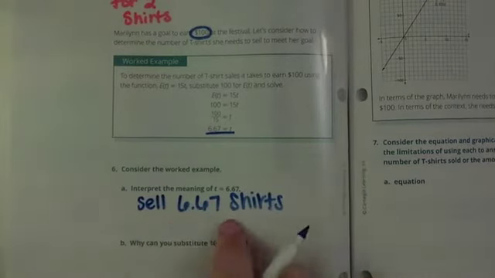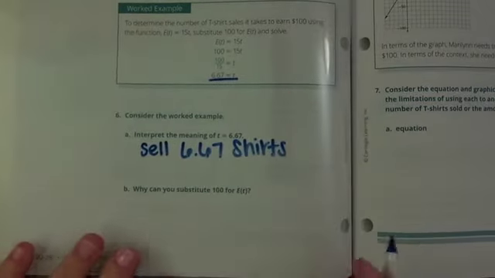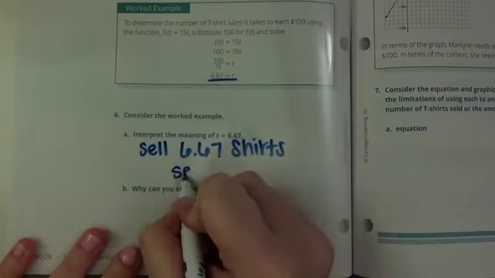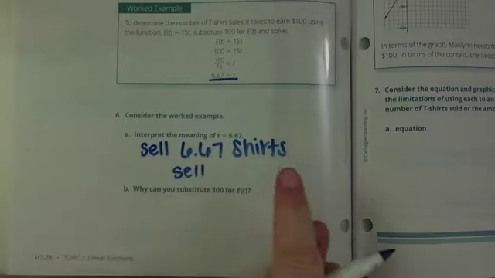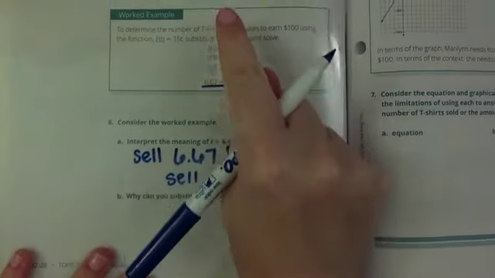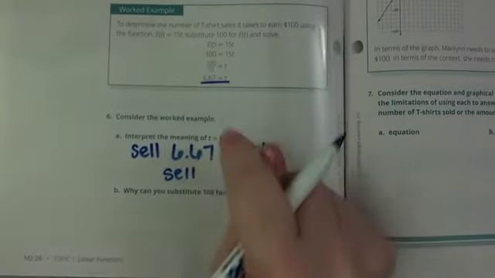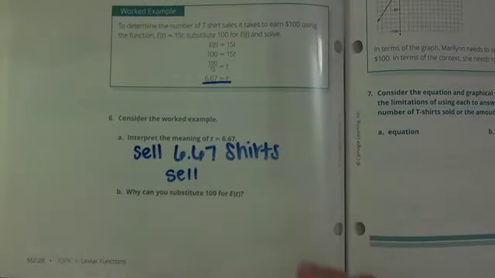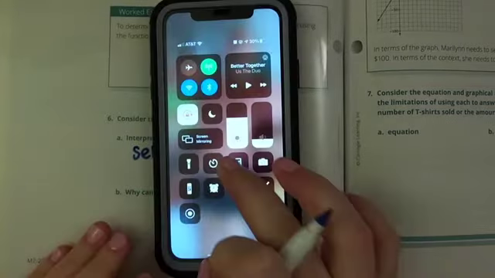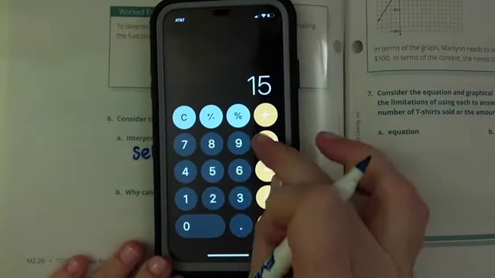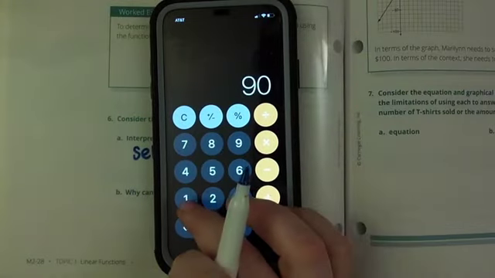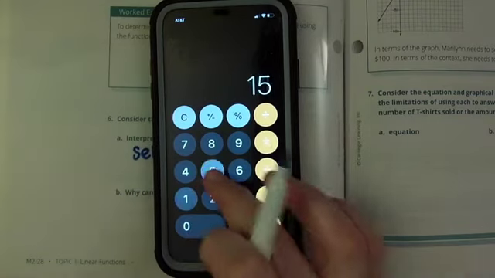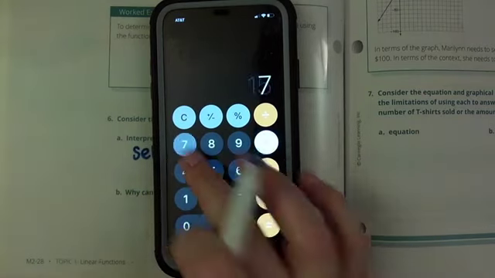But can you sell 6.67 shirts? No, she would either have to sell 6 or she would have to sell 7. Now, if she wants to make at least $100, would she want to sell 6 or would she want to sell 7? So let's look at that. If we do $15 times 6 shirts, notice she only makes $90. What if we do 15 times 7?